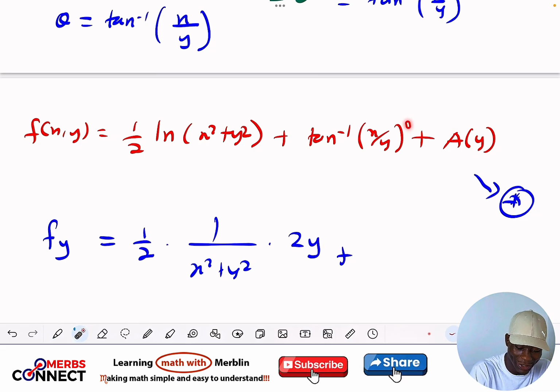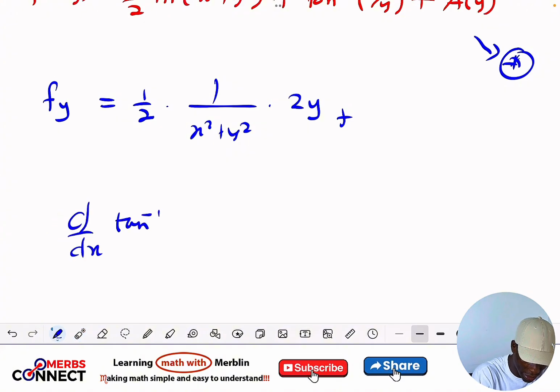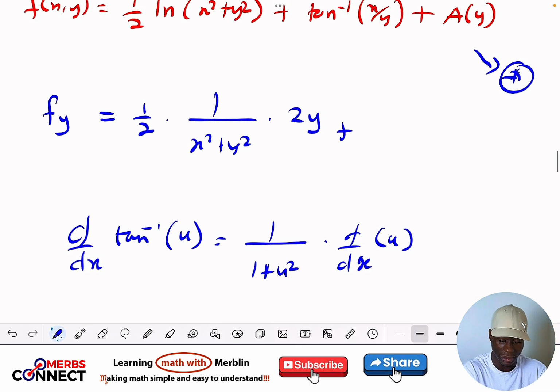Plus, now I need to differentiate tan inverse of x over y. But don't forget, if I want to differentiate tan inverse of, let me say, u, this is equal to 1 divided by 1 plus u squared times the derivative of u. So this is how it is.